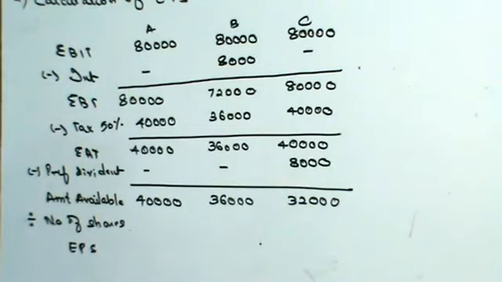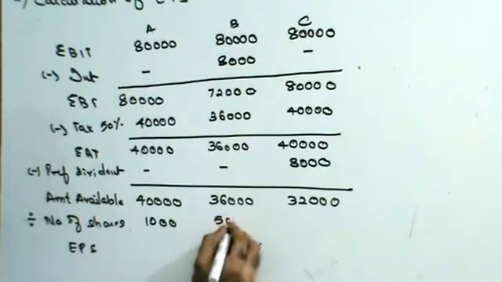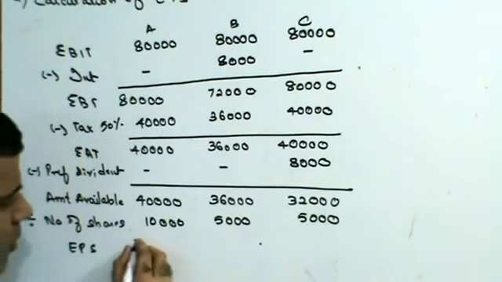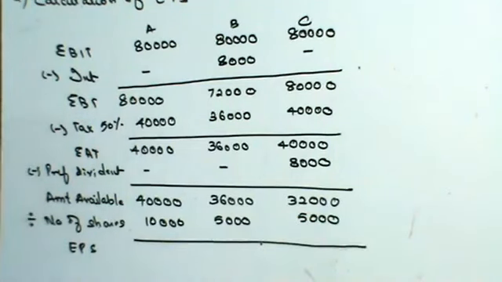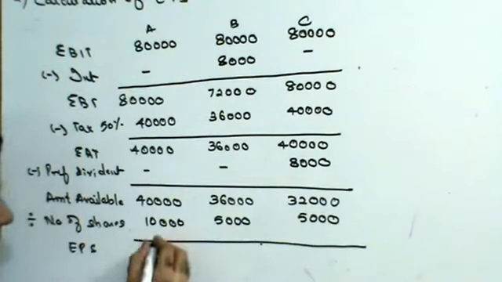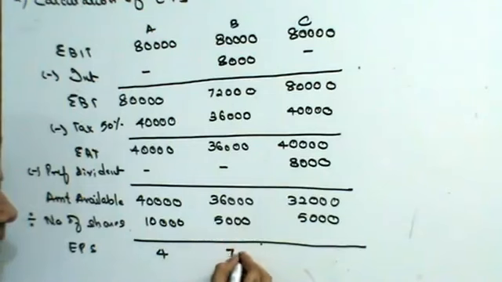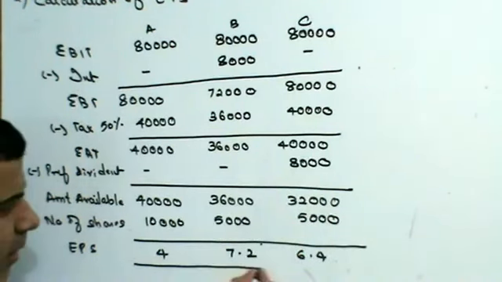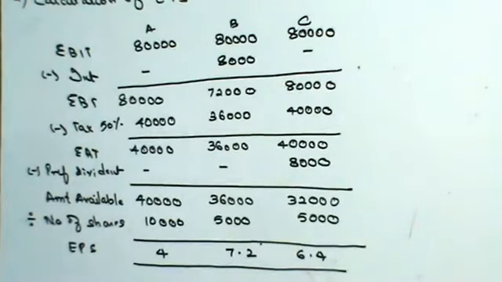Number of shares we have already found out in capital structure, that is, sorry, 10,000, 5,000 and 5,000. So your EPS is going to be 4 rupees per share, 7.2, 6.4, right? So this is going to be your earning per share.